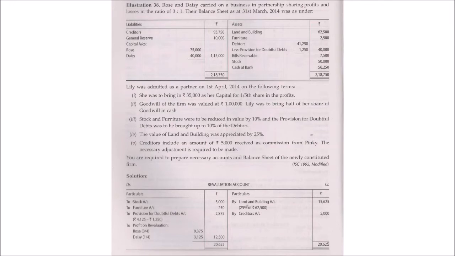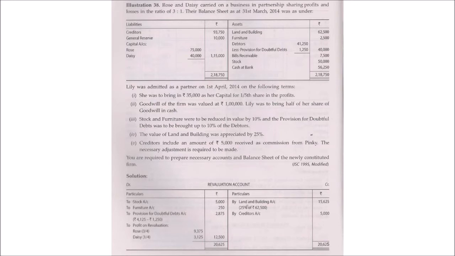Next, provision for doubtful debts was to be brought up to 10%. So the debtors amount is given there in the question. It is 41,250. 10% of this amount will be 4,125. Take the difference between the new amount of provision for doubtful debts and the old amount of provision for doubtful debts.